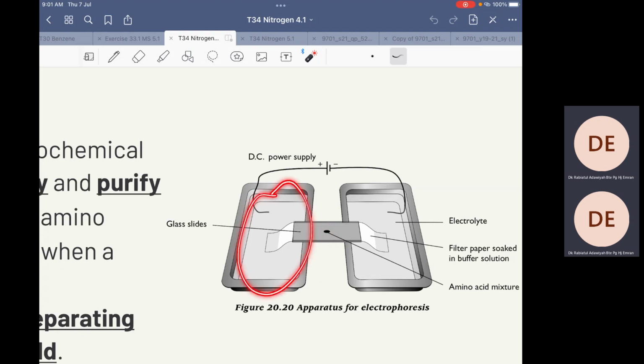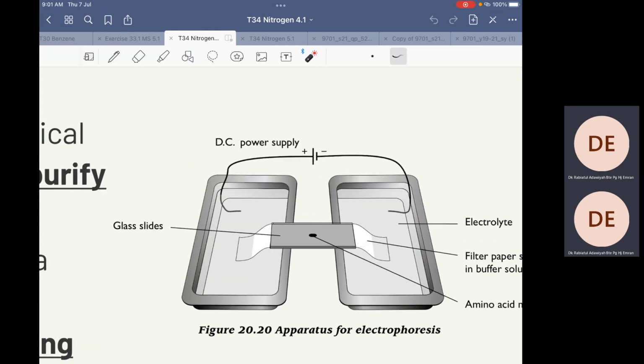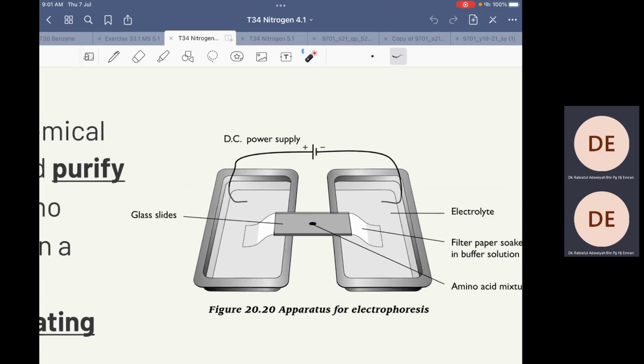One side of the setup is connected to the positive terminal. There's a power supply here, there's a current, a potential difference. And the other side of the plate is connected to the negative electrode. So you have a cathode and an anode here. Everything else, you don't have to worry about how it works or how to set it up.